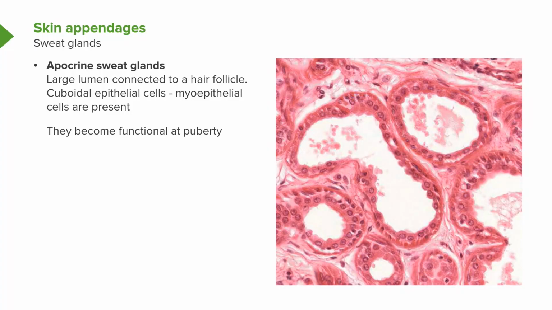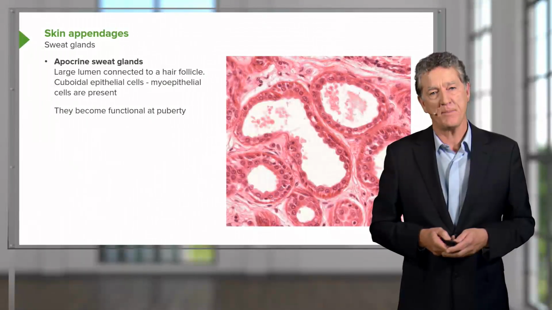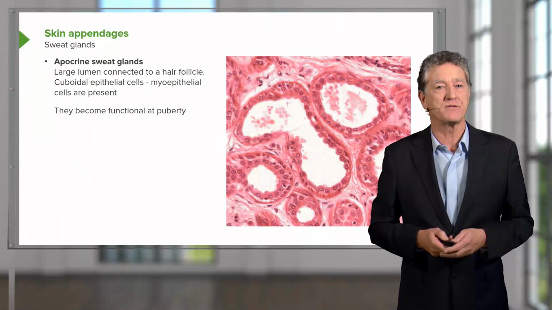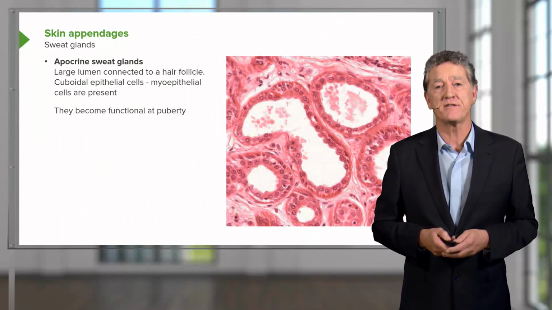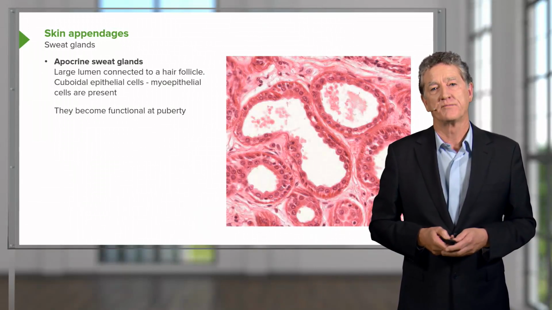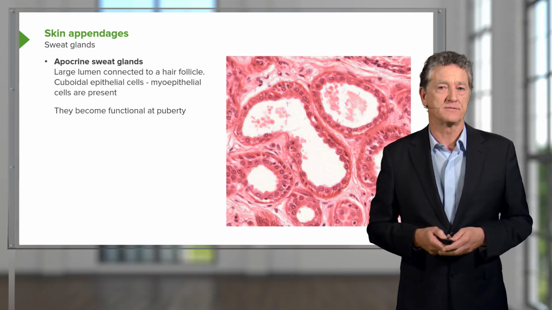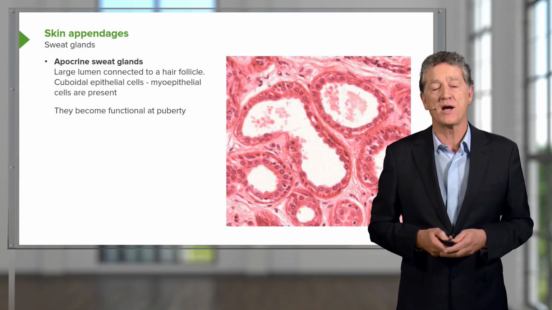The ducts are usually the same size as what you see in a sweat gland, but remember, they do not modify the secretion product. Eccrine sweat glands, the ducts do modify the product. These apocrine sweat glands become active during puberty, and they secrete proteins and pheromones. And these are odourless, but they can be acted upon by bacteria and create an acrid odour.